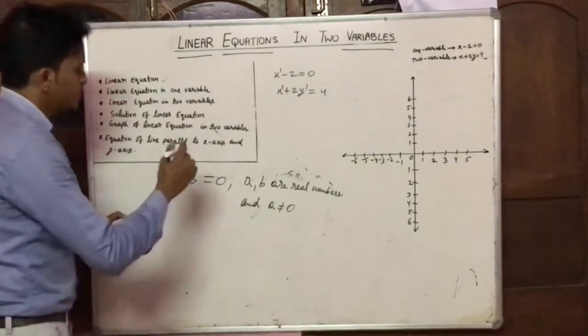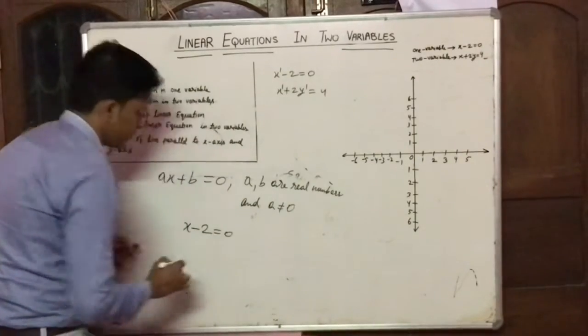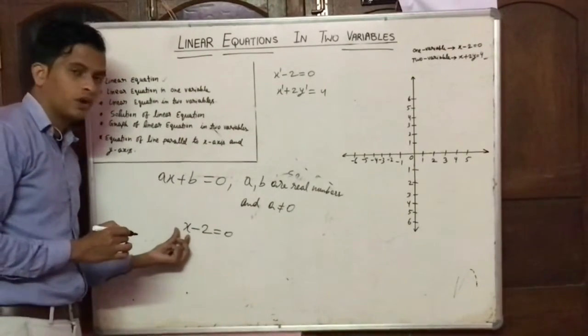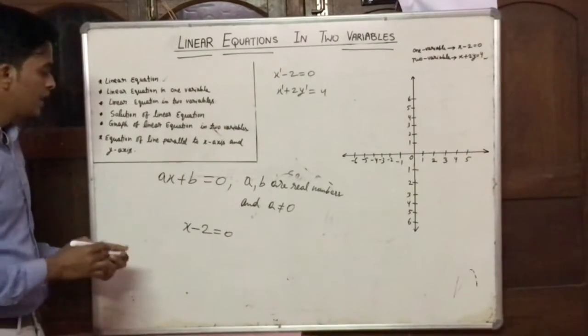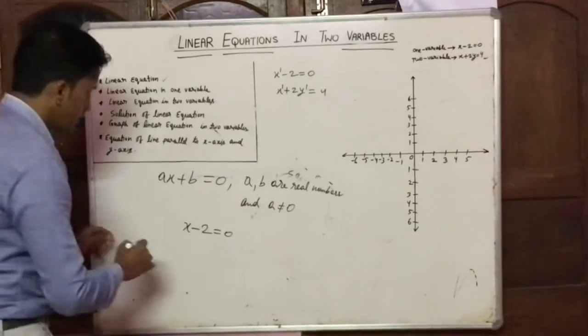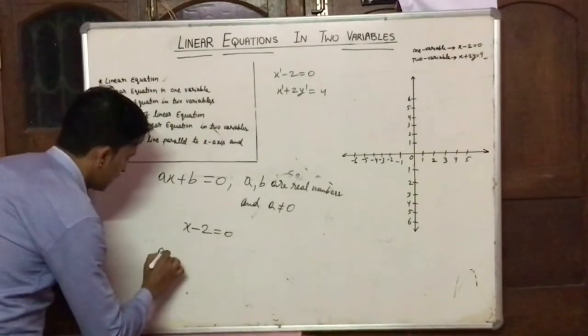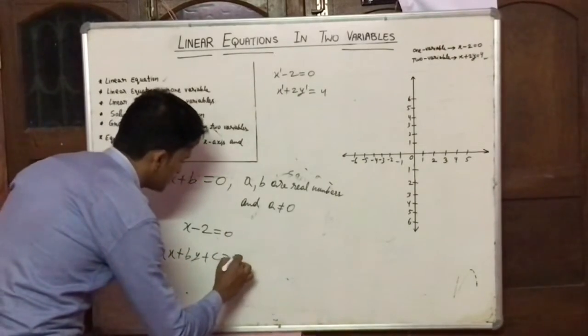If I take an example, x minus 2 is equal to 0. Here you can see that we have only one variable. So this is a linear equation in one variable. Next, if I talk about linear equation in two variables, the general equation is ax plus by plus c is equal to 0.